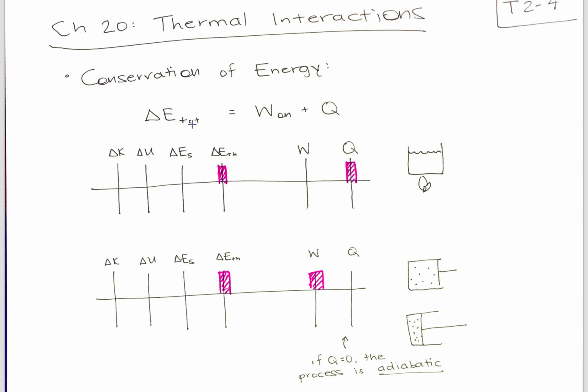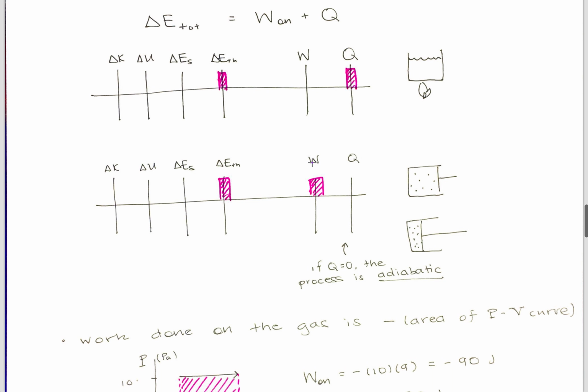Notice that this satisfies the conservation of energy equation. Here, if I add up all these changes in energy, most of them are 0, all these bars have to add up to some positive number, and that has to equal the sum of the work and heat. So the sum of work and heat equals some positive number, and the sum of all of our other energies equals some positive number. All right, excellent. So they're equaling the same thing.